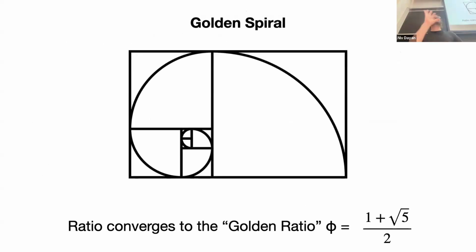Let's now take a quick aside and just talk about the golden ratio generally, and then come back to the problem of resizable arrays. So as many of you might know, the golden ratio allows you to draw this golden spiral, which is just a bunch of squares that subsume each other, where the length of every square is equal to the lengths of the previous two squares in the series.